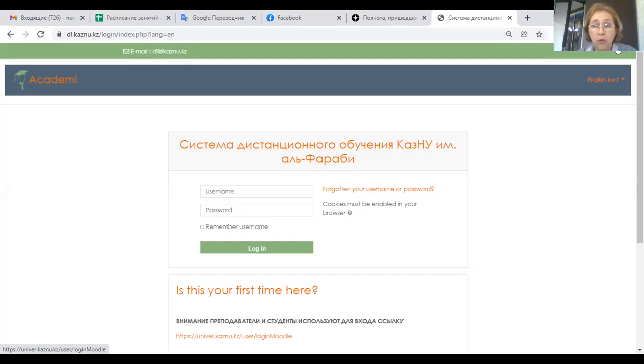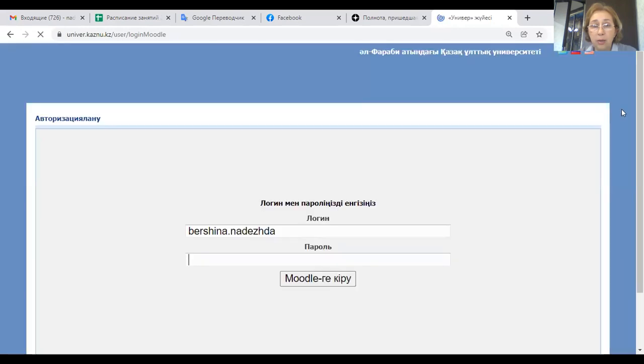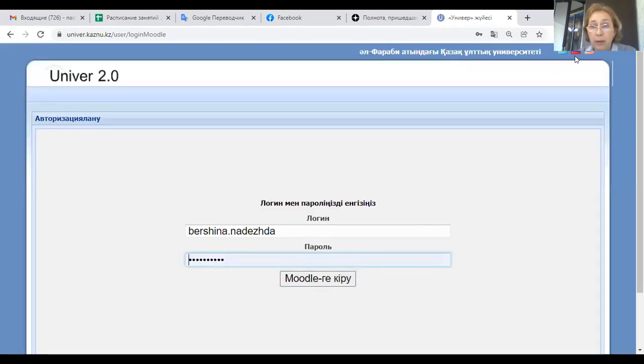Вход в систему. You should just click it, and then you should enter your login and password, which is your university login, that you use when you enter the university site with the help of this login.